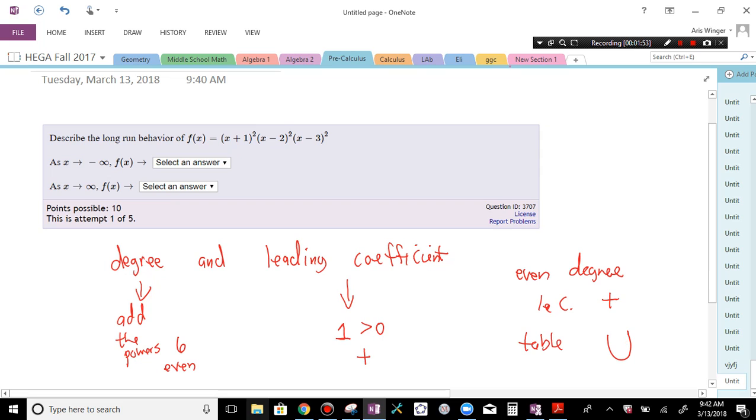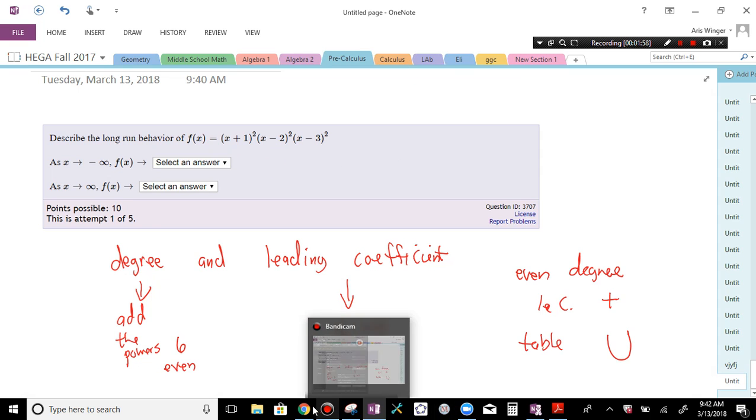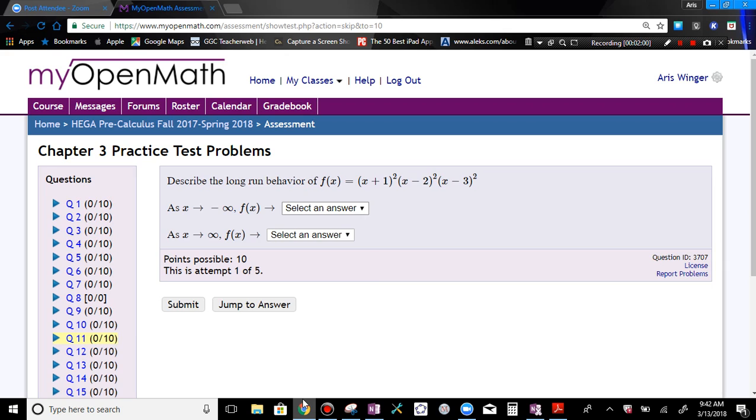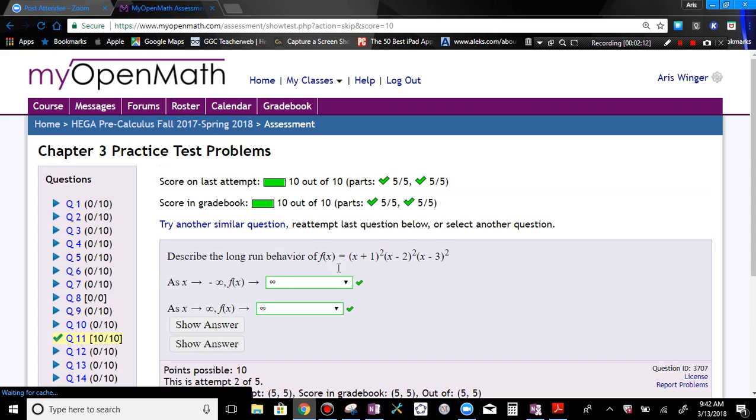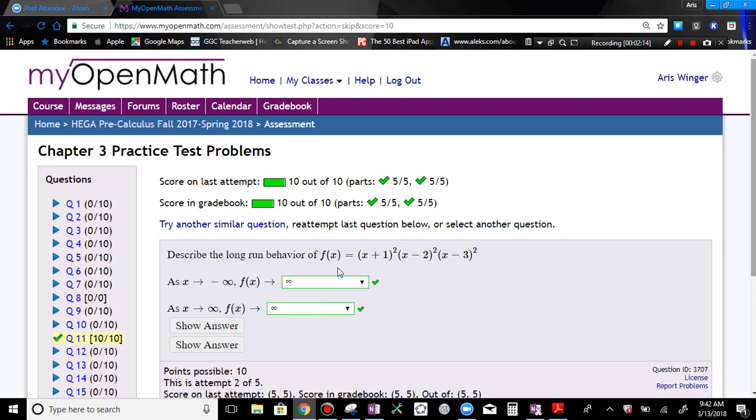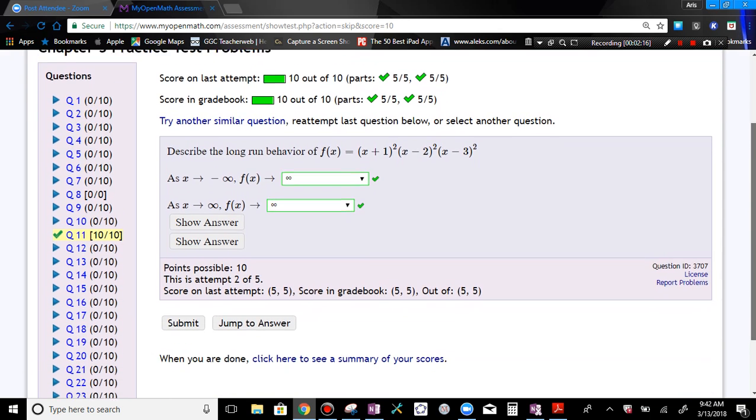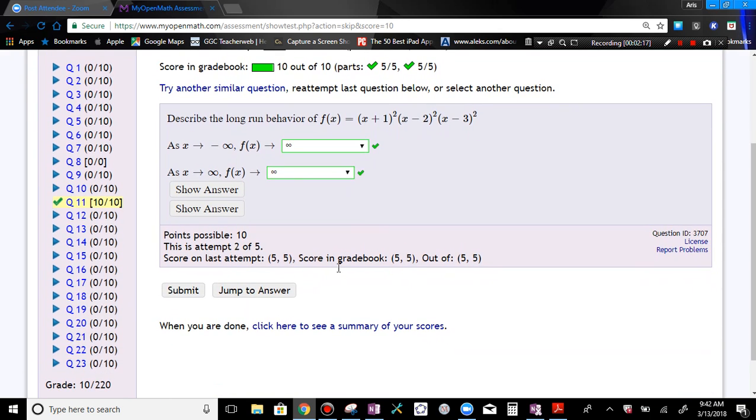That means as x goes to minus infinity, the function should go to infinity, and if x goes to infinity, the function should go to infinity. It rises on both sides. Even degree, positive coefficient. Questions on that? Yeah, we may roll through these, right?